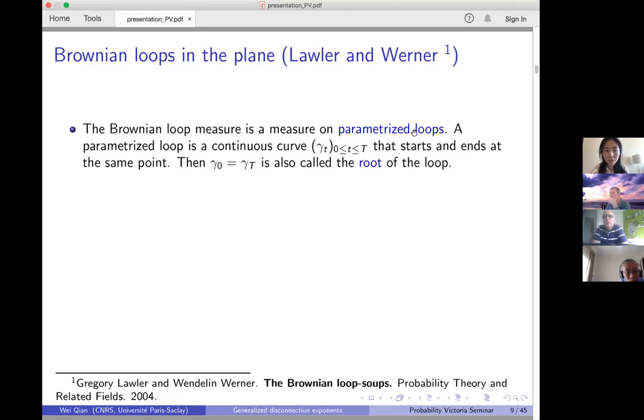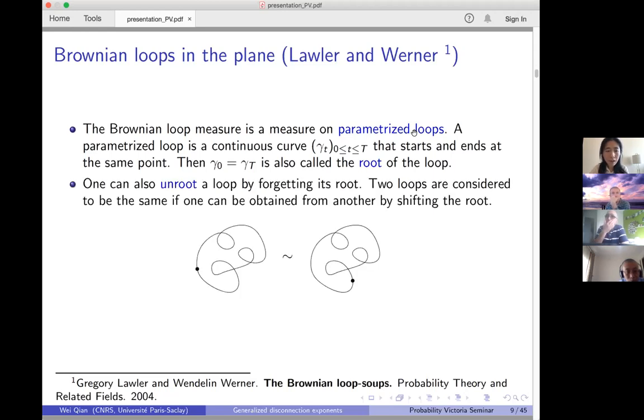A parametrized loop is just a continuous curve that starts and ends at the same point, and the starting and ending point is called the root of the loop. Then one can also unroot a loop by forgetting its root. Two loops are considered to be the same if one can be obtained from another by shifting the root, just as what you see in the picture.